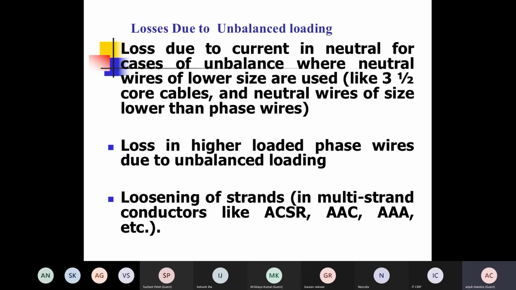So single phase loads will be drawn, connections will be given more from the lower phases than from the upper phases. And it is very difficult to balance load, that how much have you given, what is the actual load. So therefore there is always an unbalance in loading on the phases. So one is like I told you, the design of the line, the kind of equipment, etc. But another loss occurs due to unbalanced loading.